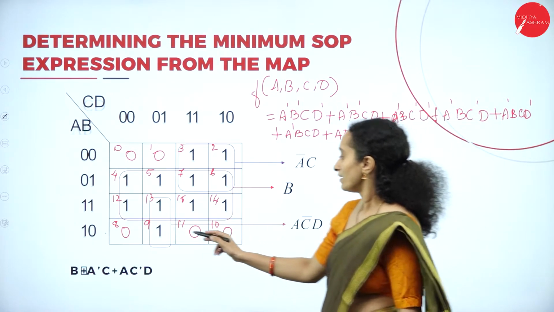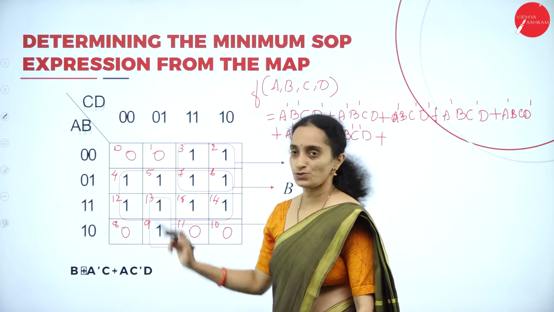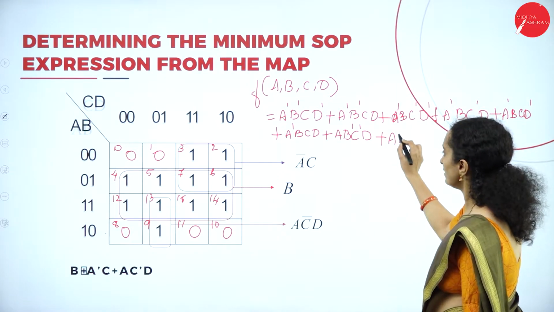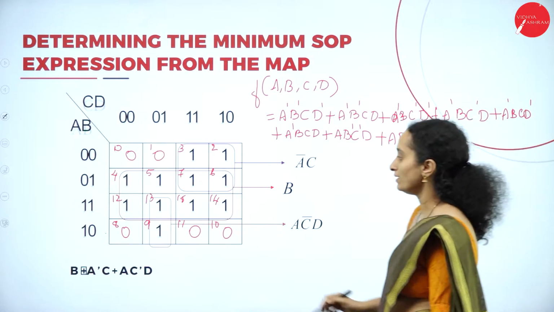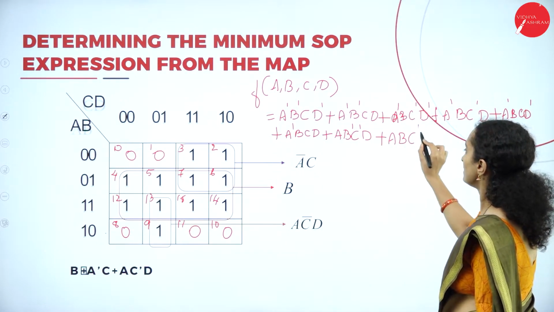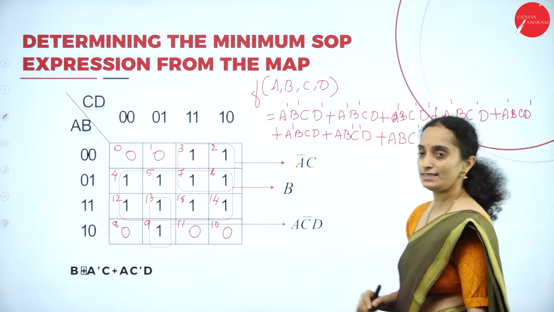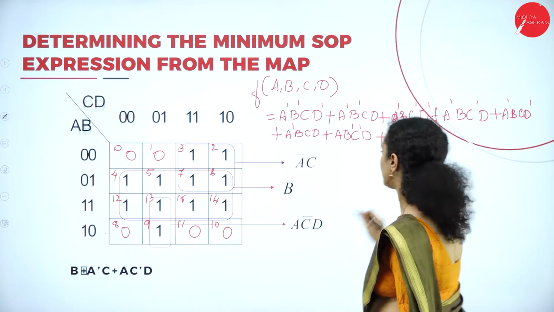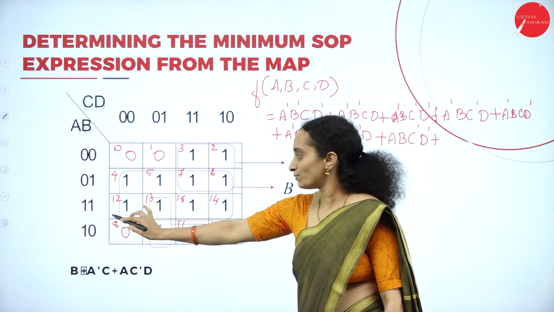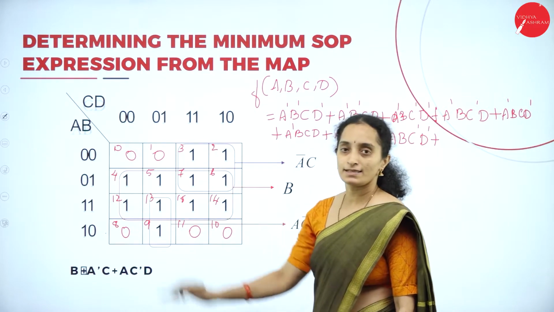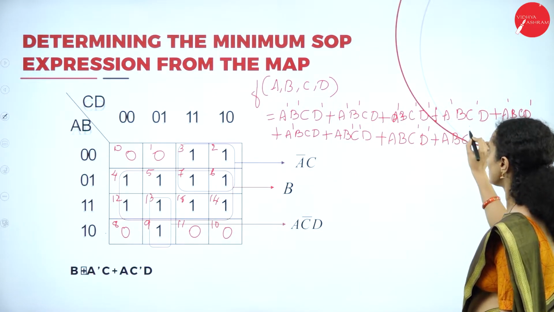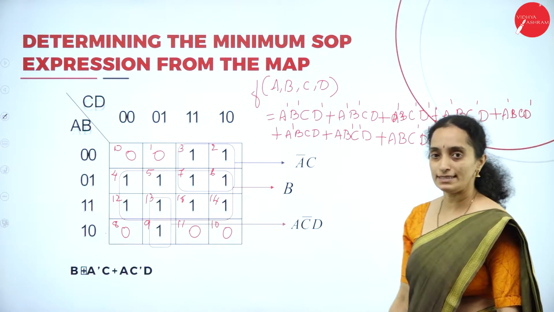Plus 10, 11 are not there, 12 is there. 12 will be 1, 1, that is a into b, complement c dash into d dash. Next we have 13. 13 will be represented as a into b into c dash into d.